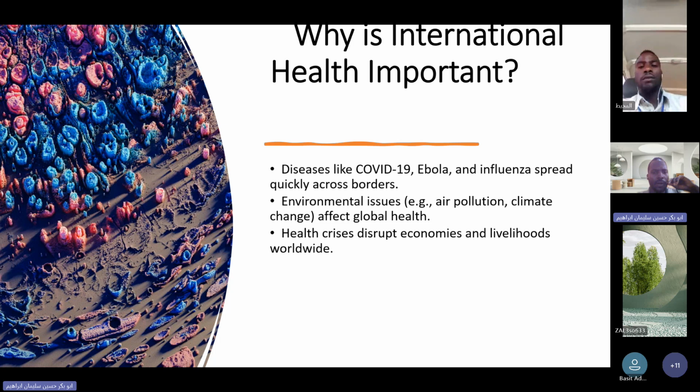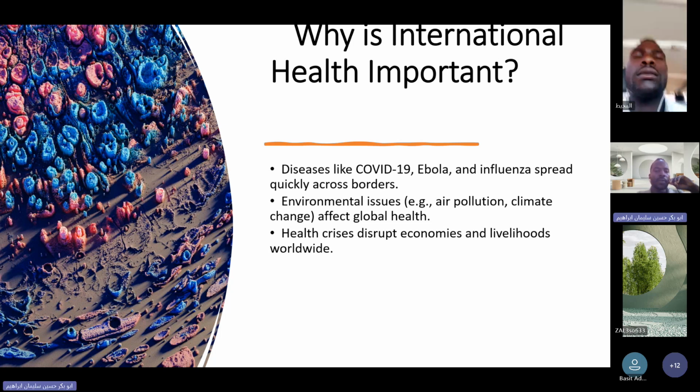The second reason for the importance of international health is environmental issues. One environmental issue is air pollution and climate change.